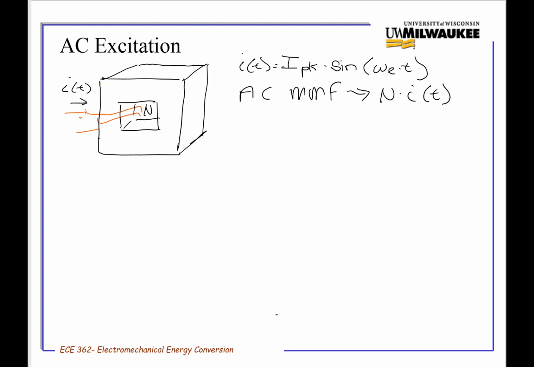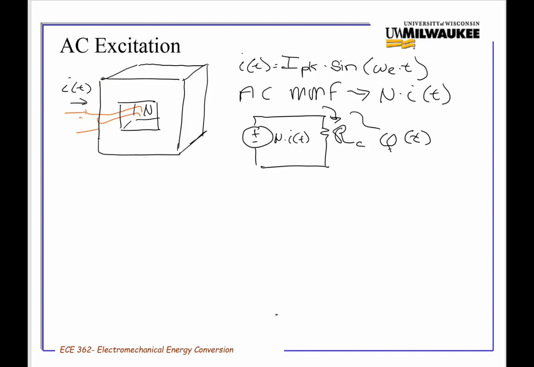You have an equivalent magnetic circuit, N times i(t), there's reluctance, it's just the core reluctance, and then you're going to end up with a flux, and say it's an AC flux. That was the symbol we decided we would use for that, varying with time. So this AC flux that varies with time would be this expression here.